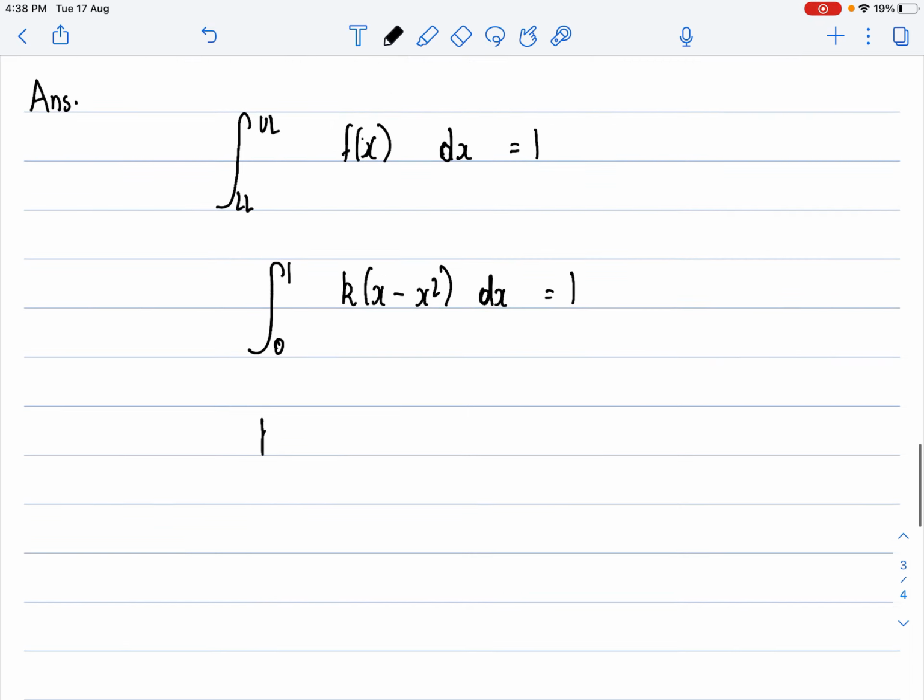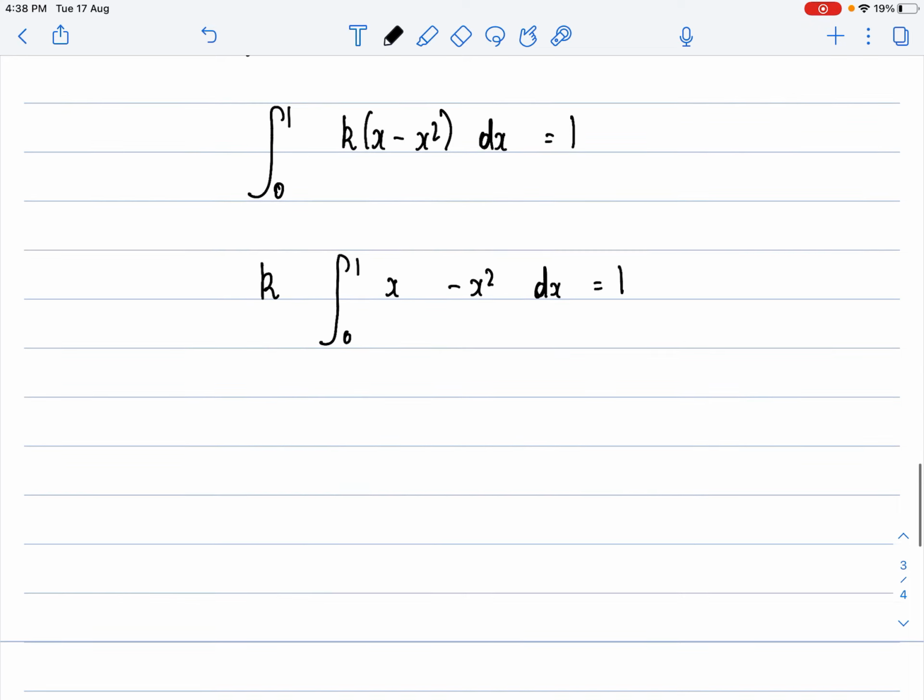Now I take k outside here with the integration from 0 to 1 of x minus x square dx, which is equal to 1. Now I integrate this, so the integration of x is simply x square by 2 minus the integration of x square, which is x cube by 3, correct?